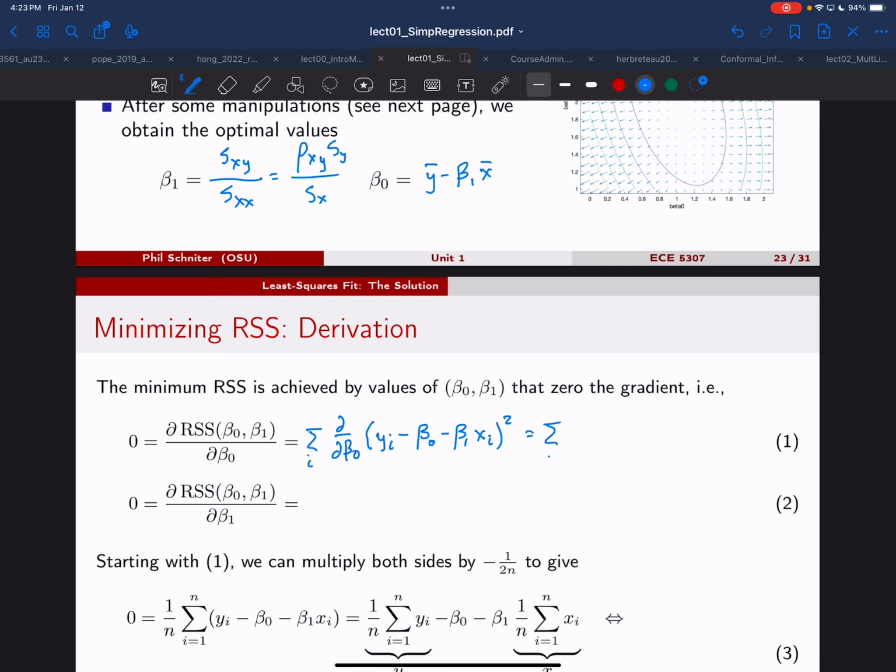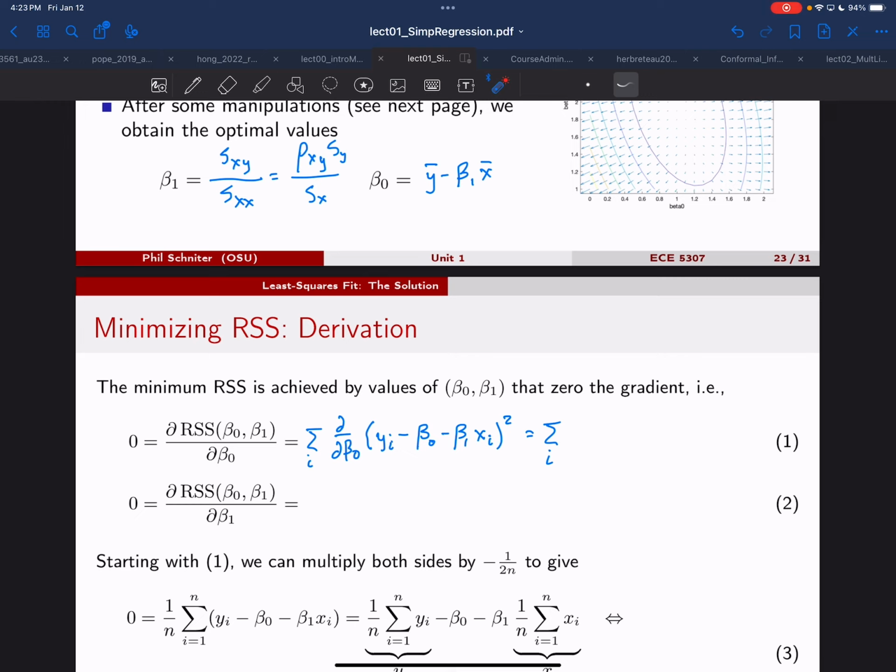Now we need to tackle this. This is a bit easier problem, because there's no sum in there. So how do we do this? Does anybody remember a key rule or technique from calculus that allows us to handle this? Chain rule, exactly.